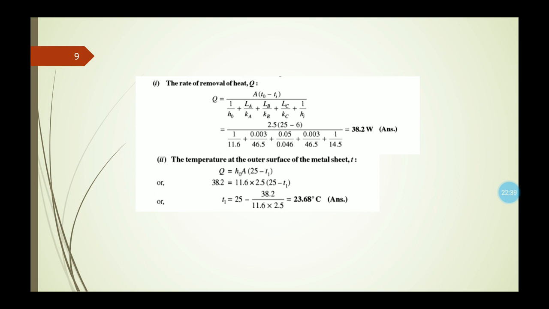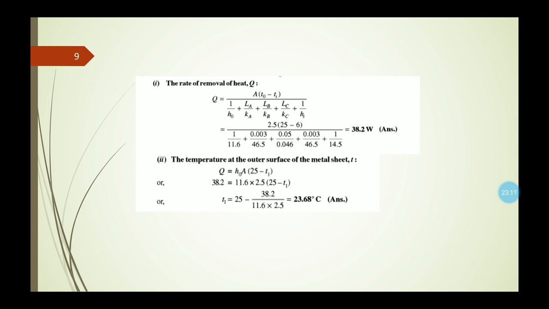Next we need to calculate the temperature at the outer surface of the metal sheet. Now at the outer surface of the metal sheet, the heat will be transferred by convection mode only. So in that case we need to apply Newton's law of cooling. The formula is Q equals HO, that is O for outer surface, multiplied by A, which we have calculated as 2.5, multiplied by the temperature difference, that is 25 minus T1.